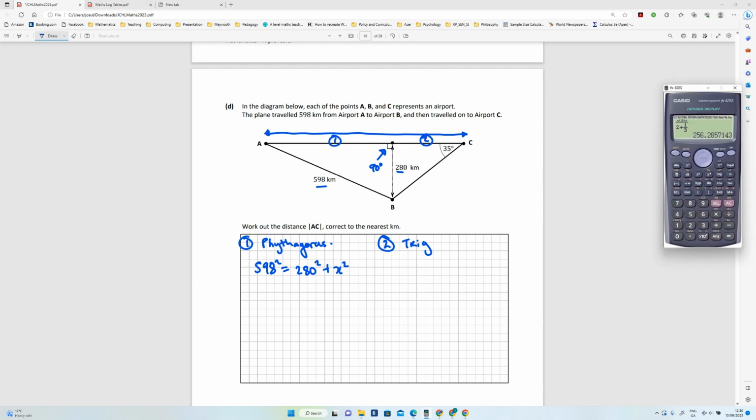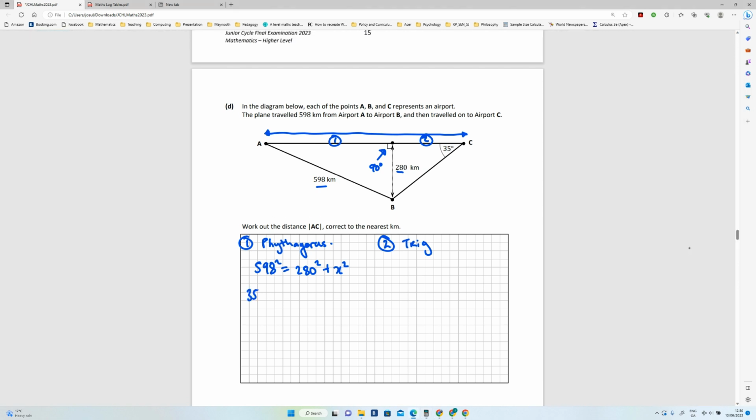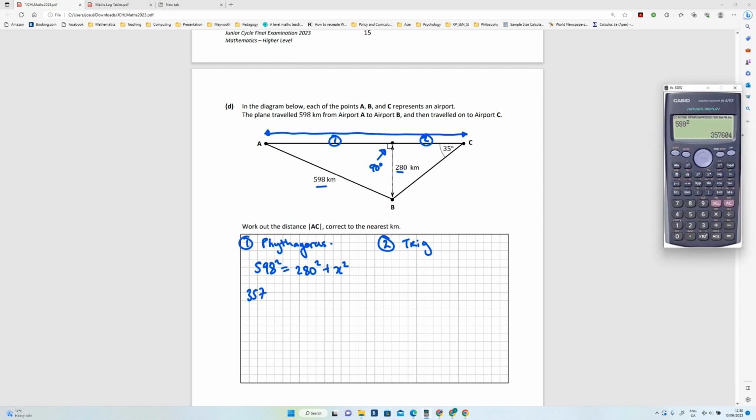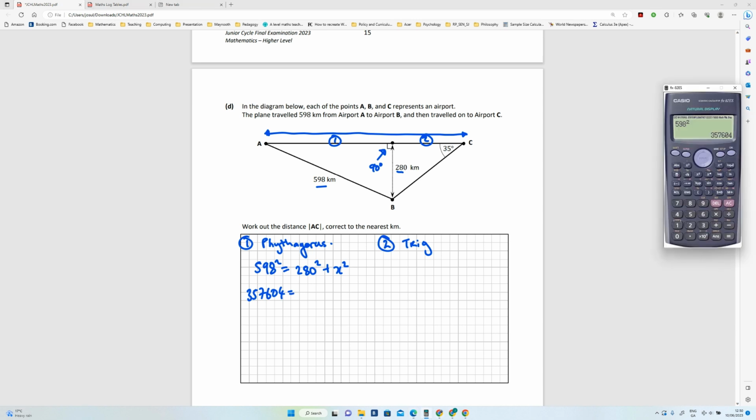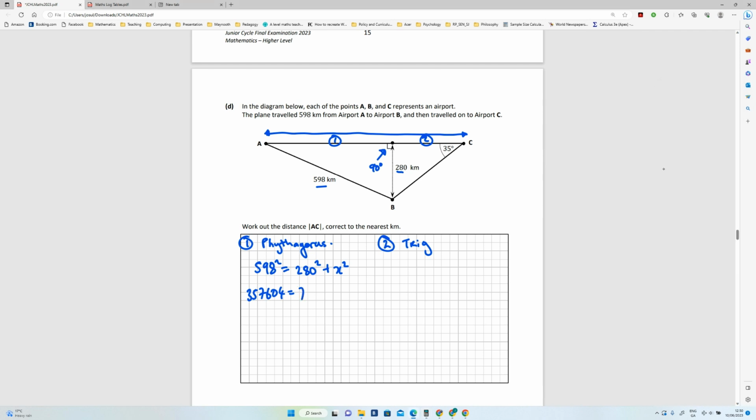Right, so 580 squared is a big number. 336,400. 280 squared is 78,400 plus x squared. Right, so I'm just going to flip the order around here.